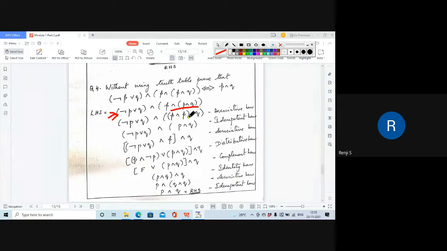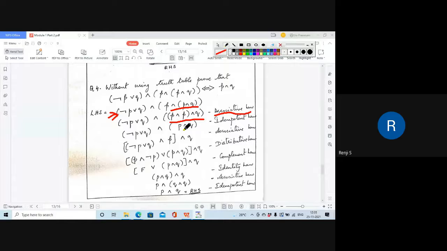We grouped the two P's together, because A and (B and C) is the same as (A and B) and C. That property is applied here. That is called the associative law.